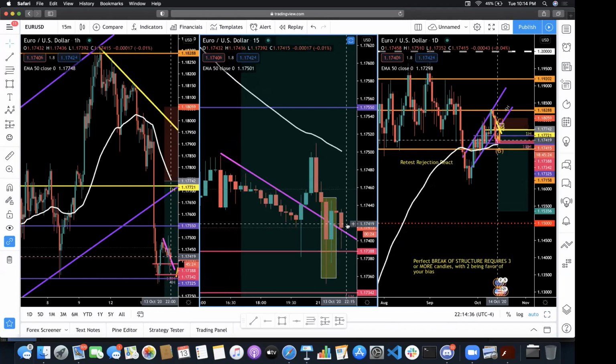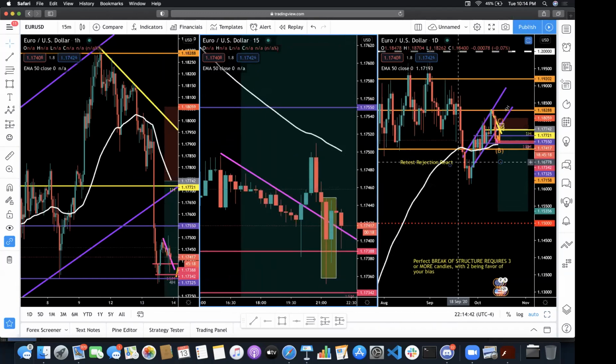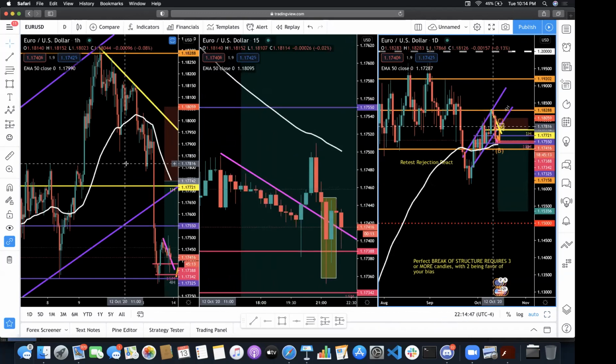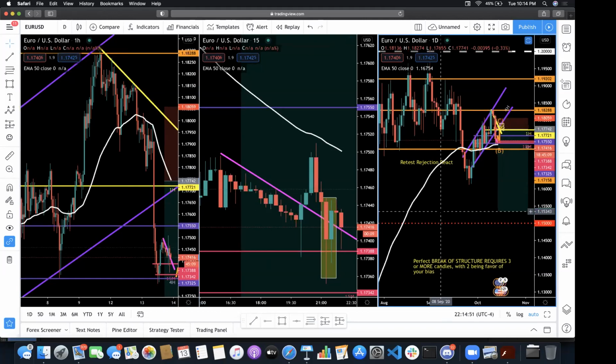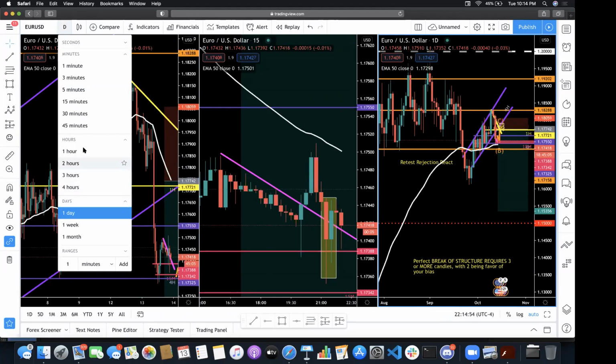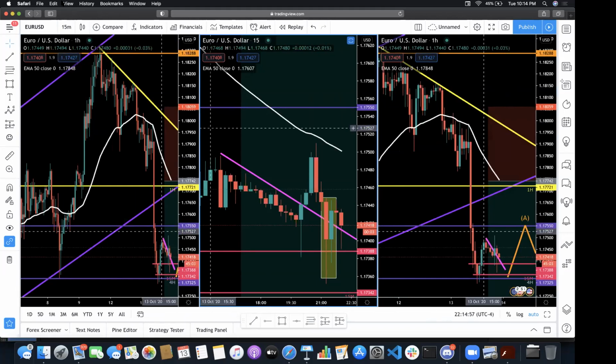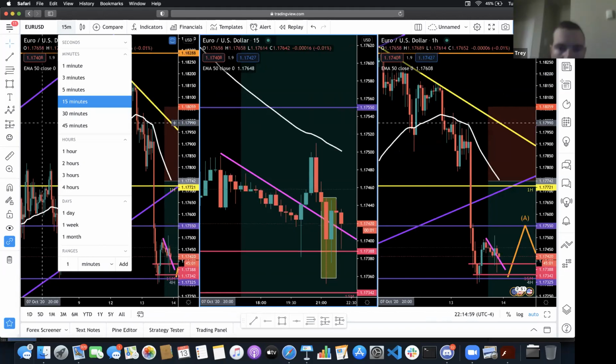Oh yeah, crucial to wait for the candle to close. Let me see. All right, so I want to show you guys this on the triple grid real quick. The hour, the 15 and the 5.